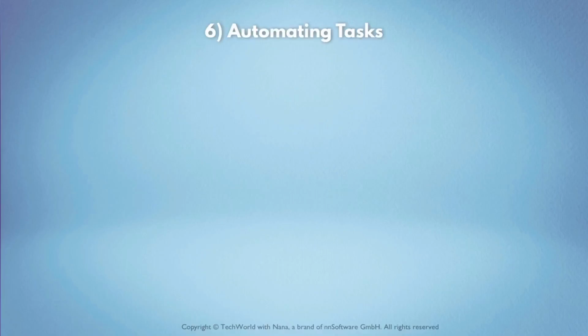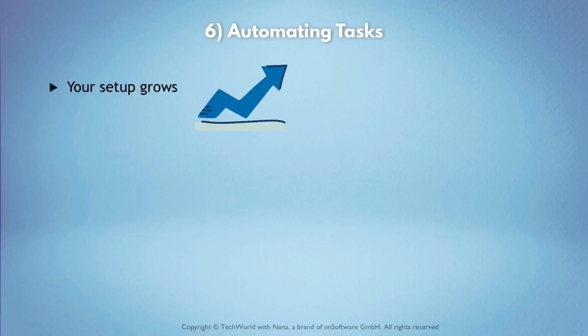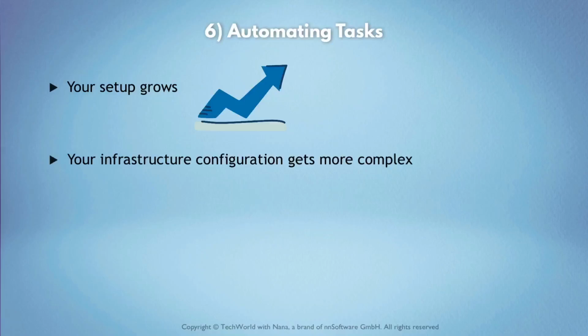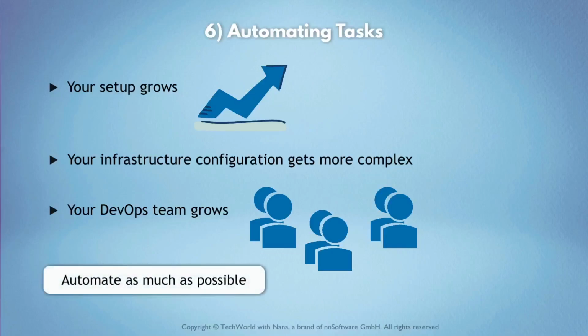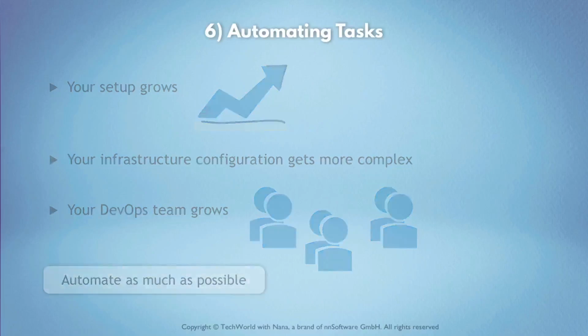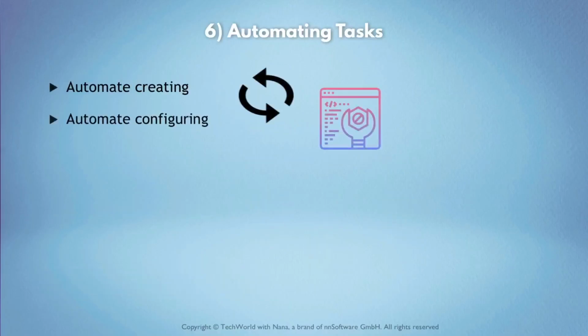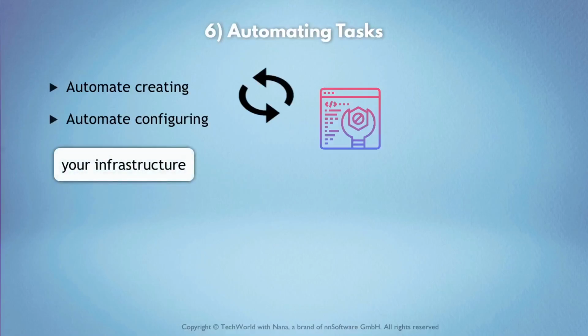Another point is, let's say your setup grows in size, you deploy more and more services, your infrastructure configuration gets more complex, and your DevOps team grows as well. In this case, you would want to automate as much as possible. So you may automate creating, configuring, tearing down, doing all sorts of things with your infrastructure where your cluster is running, and also automate deploying your applications and services.